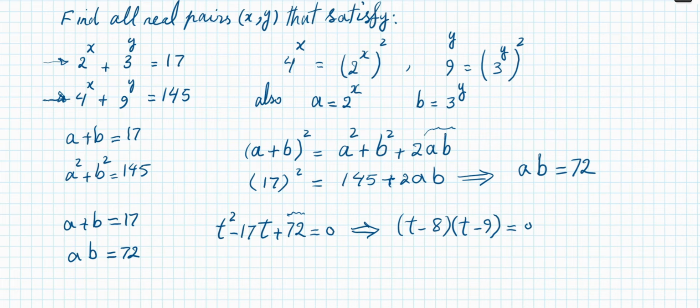Minus 9 times minus 8 is 72, and minus 8 plus minus 9 is minus 17.